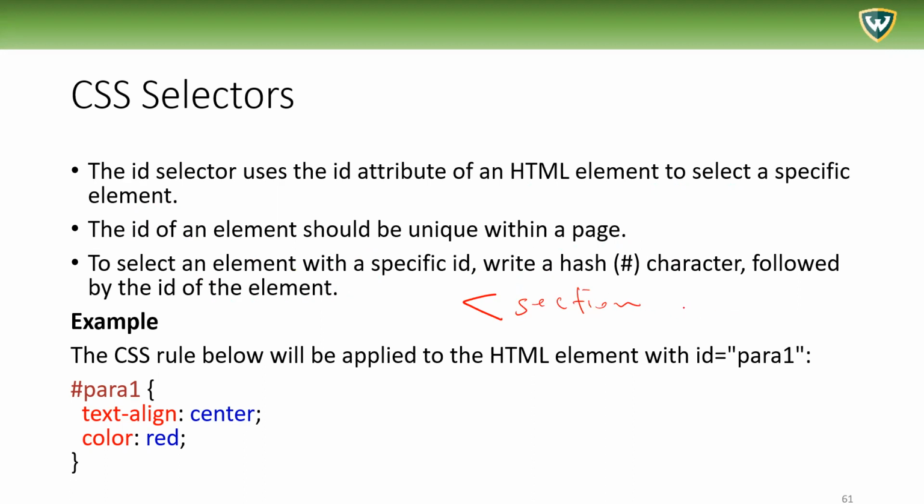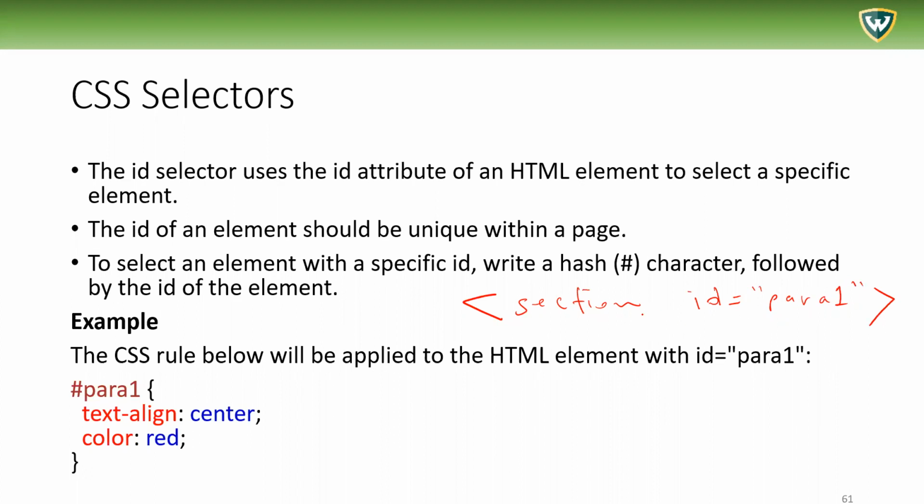In the section tag, we have the ID attribute, so equals para, and then maybe this paragraph or section 1, section 2. So this one element on the HTML is going to be ID equals para 1.